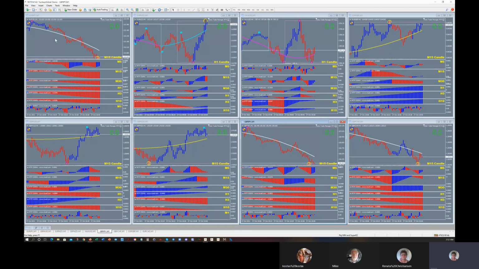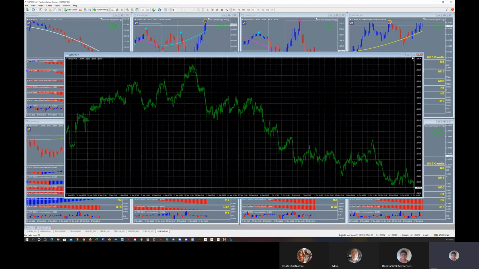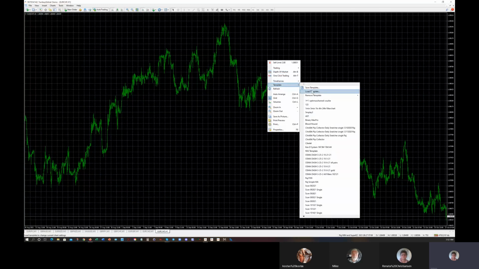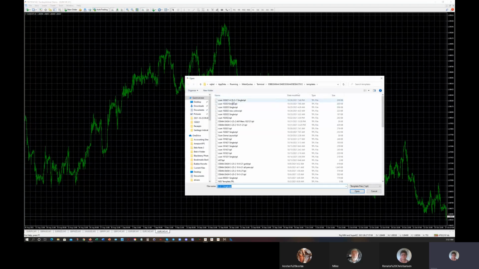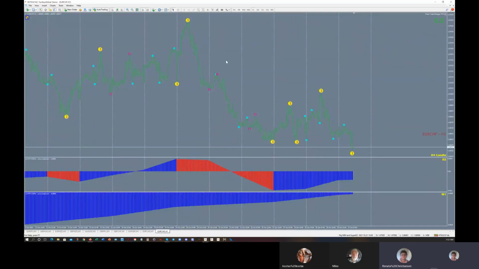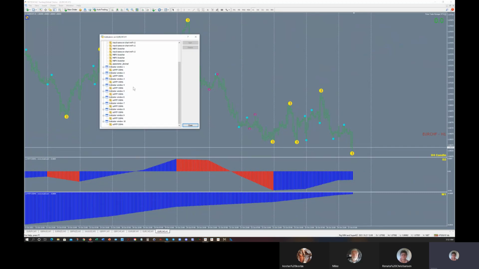Let's go ahead and create a new chart. Let's take a pair that we are not looking at. Let's say the Euro Swiss. Okay, and I'm going to delete all the balls except the first one, but I do need the 4 hour, right?